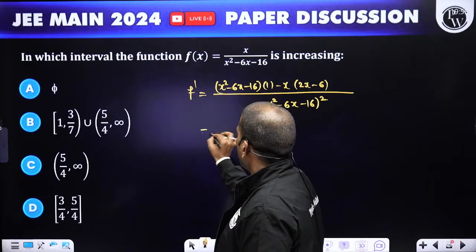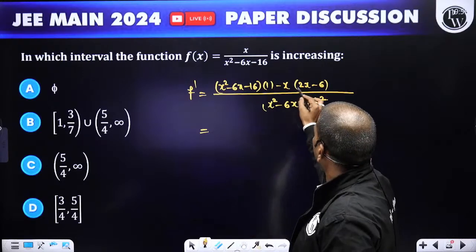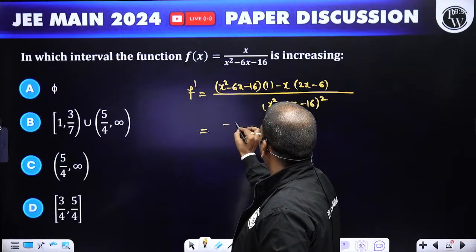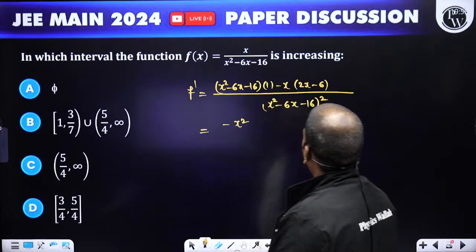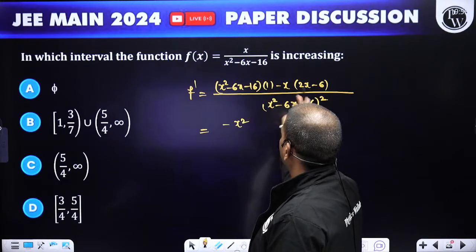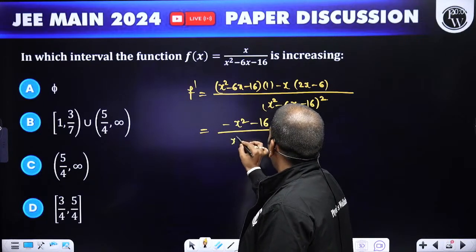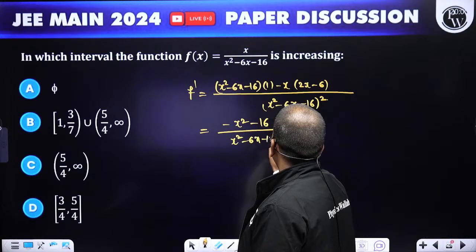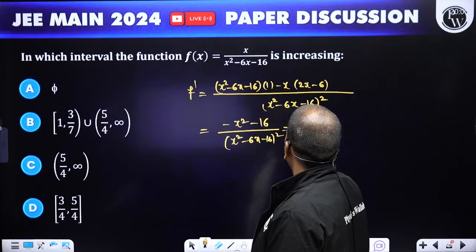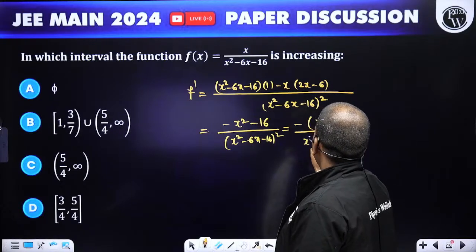My dear students, just collect the terms in order. 2x square is x square, this is minus x square, and coming to the x term, this is plus 6x, here minus 6x, both got cancelled, and this is minus 16. That's what we have, over x square minus 6x minus 16 whole square. Denominator is always positive. In the numerator, this is minus x square plus 16.